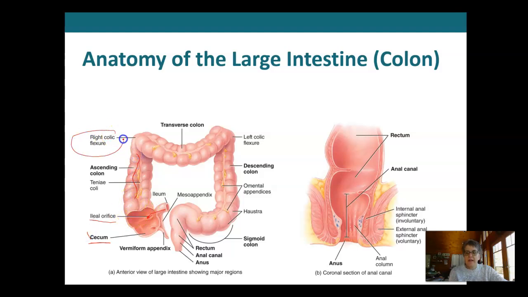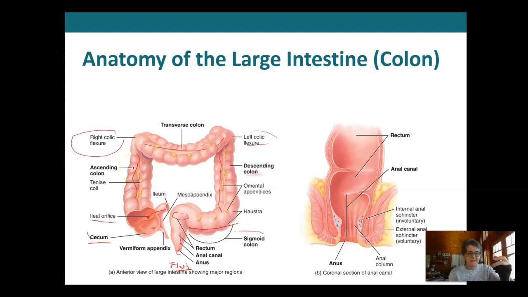We have the hepatic flexure because it's happening under the liver. We go across the transverse colon. We have the splenic or left colic flexure because it's by the spleen, to the descending colon, to the sigmoid colon, and then we have the rectum, the anal canal, and then out the anus, right? And of course at the end we get a little flush.